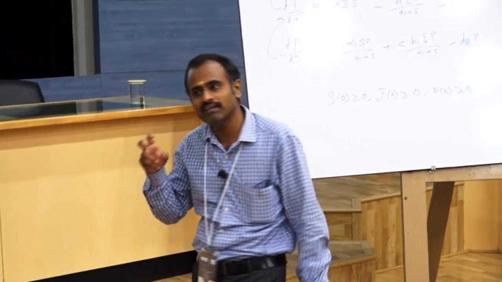Then we want to find the stability of this system 4. So first we need to find the equilibrium points of the given system. An n-dimensional system has 2 power n equilibrium points.